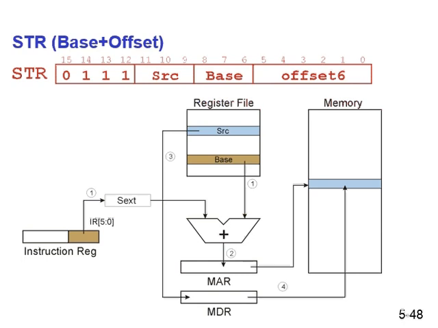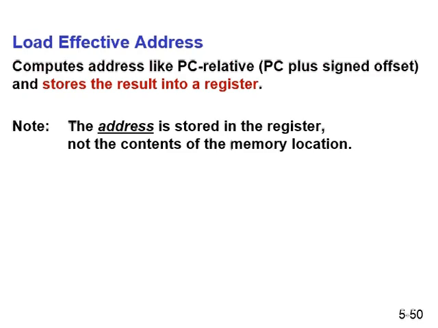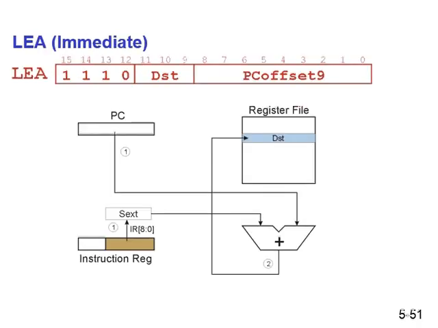And STR, the same. With LEA, with PC and the field of PC offset 9, we have a value. This is the address, and we load it to a register, that is the destination.